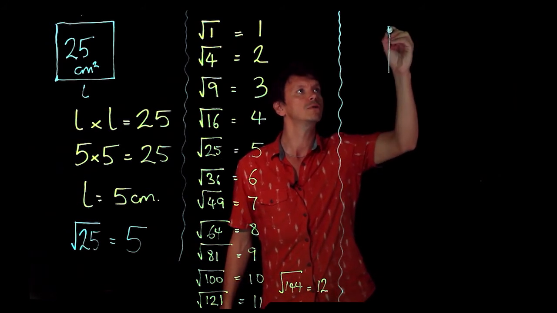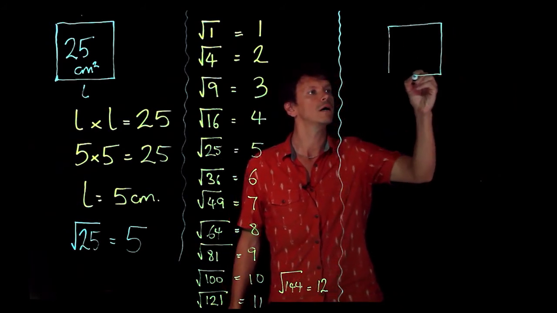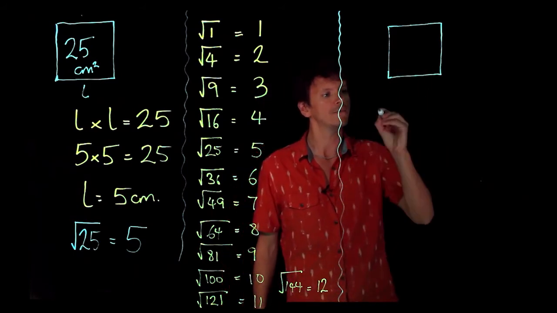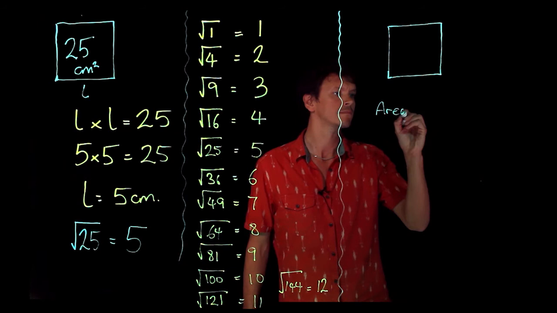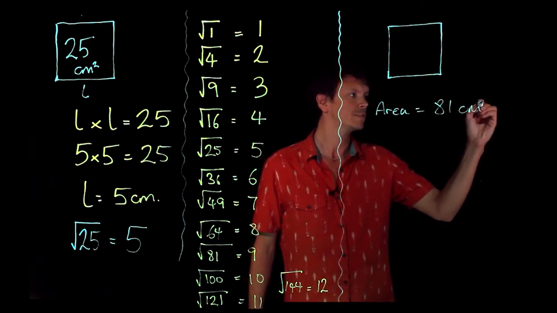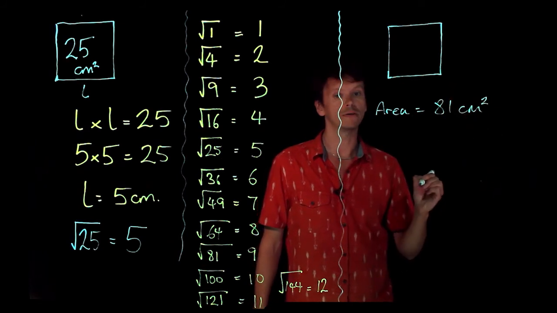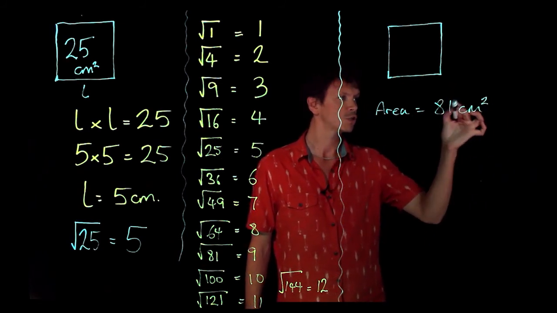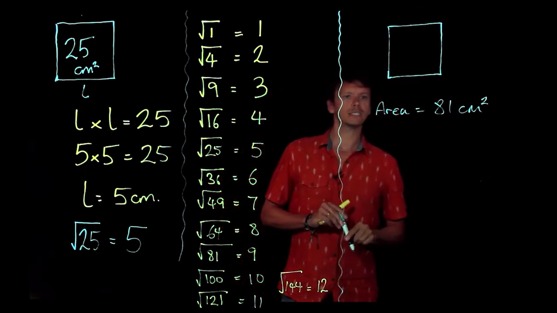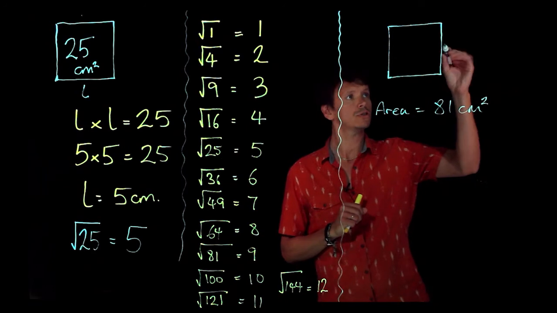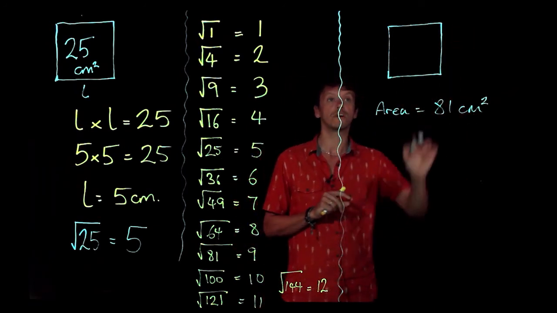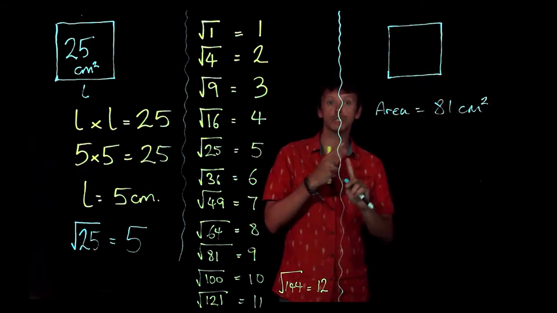If I was to say we have a square, and we know that the area of this square equals 81 centimetres squared. Note the units, centimetres squared, that's a unit of area. And supposing the question asks us not just to find the side length of the square, but to find the perimeter of the square. So we're looking at a two-step problem here.